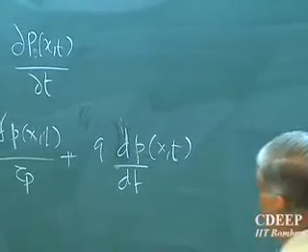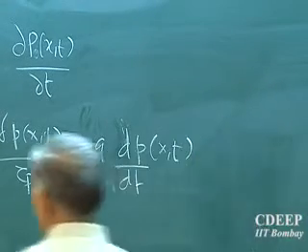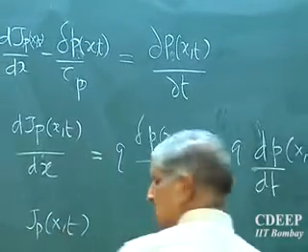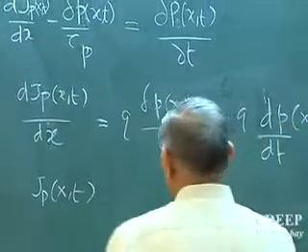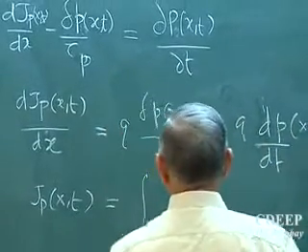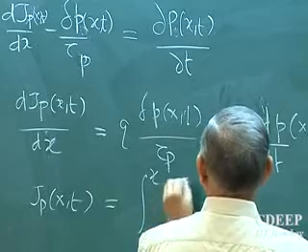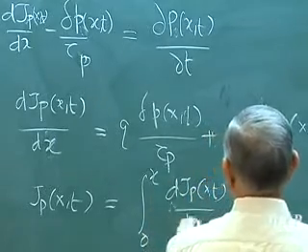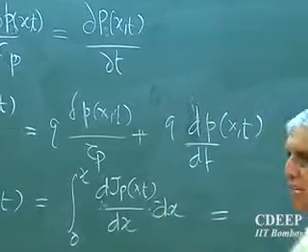If I need to find Jp(x,t), that's the current Jp(x,t), so I should take the integral from 0 to x of dJp by dx times dx, a simple integral.